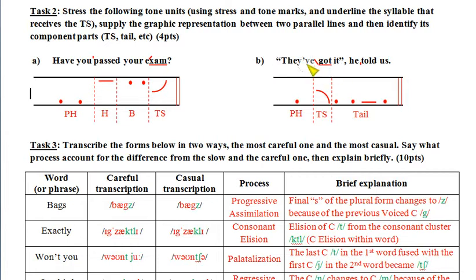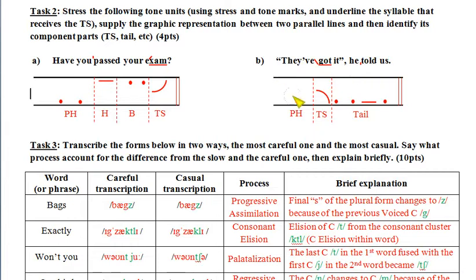You underline it, and because it's a simple statement, it will have a low fall tone, so you put this tone mark, and you put a tone mark for told below the line because it is after the tonic syllable, so it is said at a low level.